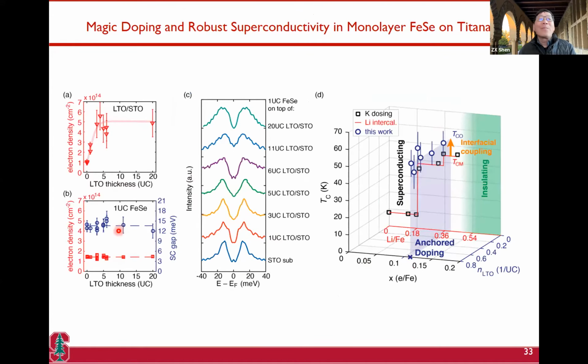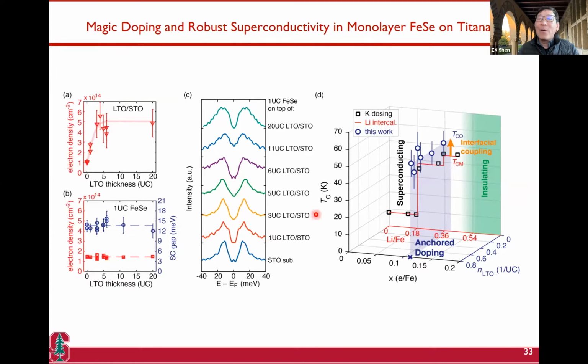So in other words, even though for your substrate you can see the electron density at low thickness changes a lot, the carrier density as measured by the Fermi surface, as well as the superconductivity as measured by the gap, seem to be completely robust in this system, almost as if there's a magic doping in the system.